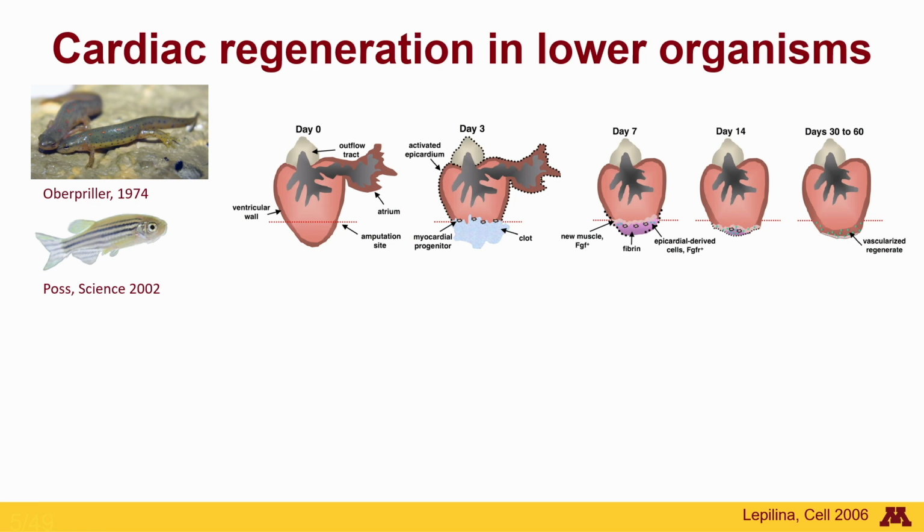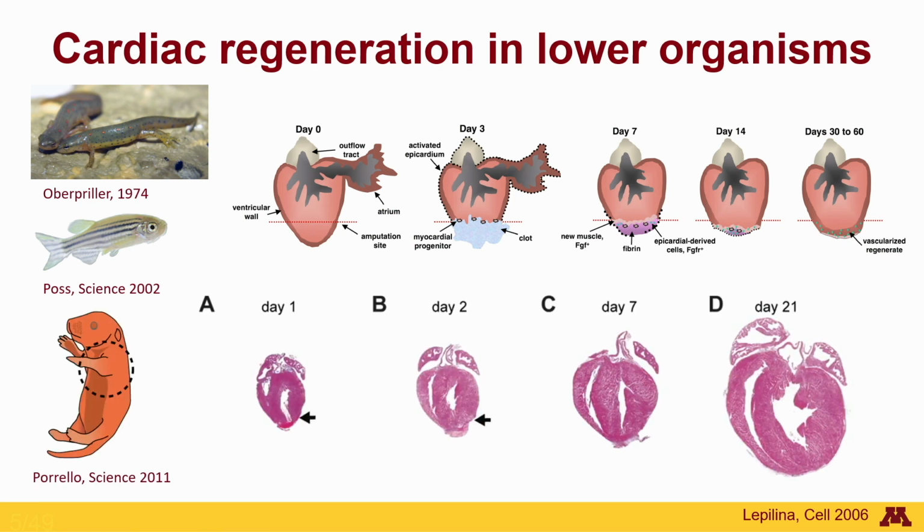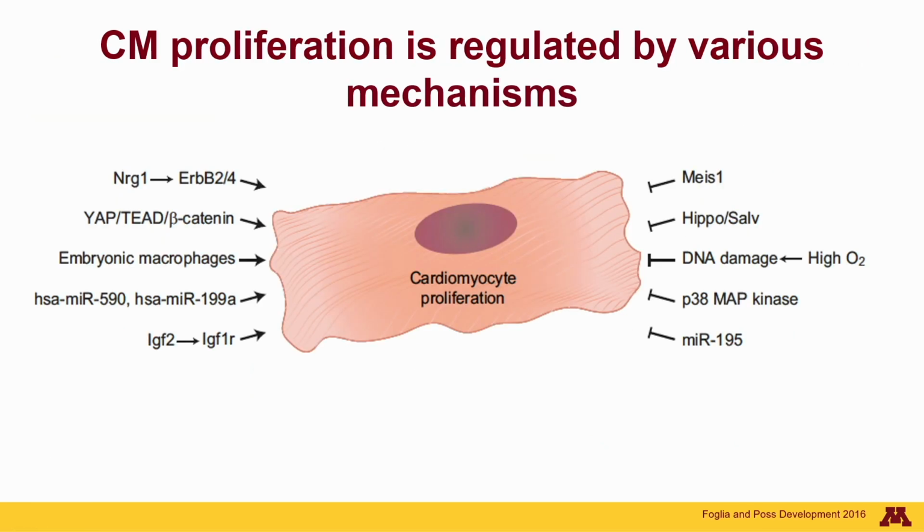And of course, we have all heard today that the Sadek laboratory at UT Southwestern has shown that this can also happen in mice, and later groups have shown that this can also happen in pigs. But it can only happen in the first 1 or 2 days of life, because at that point, cardiomyocytes stop proliferating. And if you don't have cardiomyocyte proliferation, you don't have regeneration.